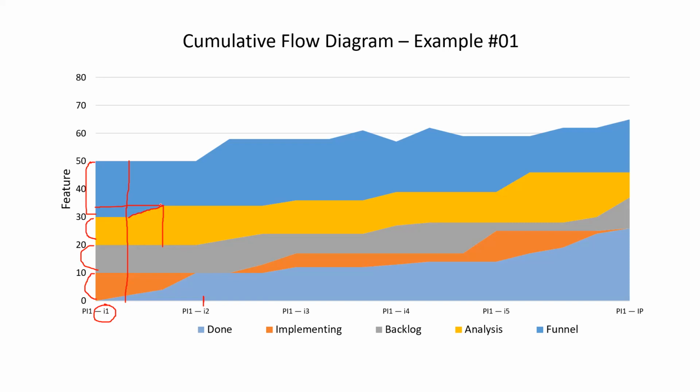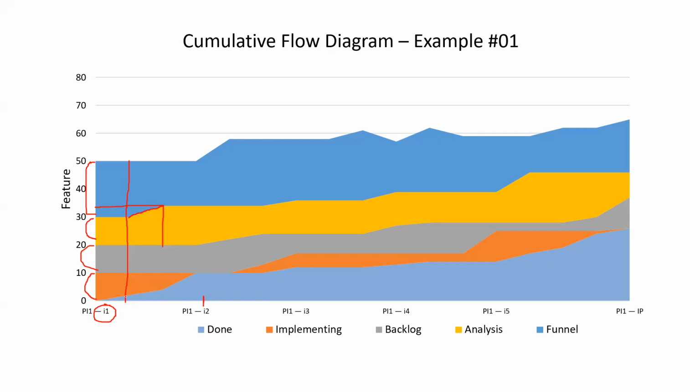Are you good? Yes, Satish. And then how about the backlog? Backlog still remains the same. Here we have 10, here also we have 10, so there is no change in the backlog stage. Then how about implementing versus done? At the starting point, implementing is 10 and done is 0.